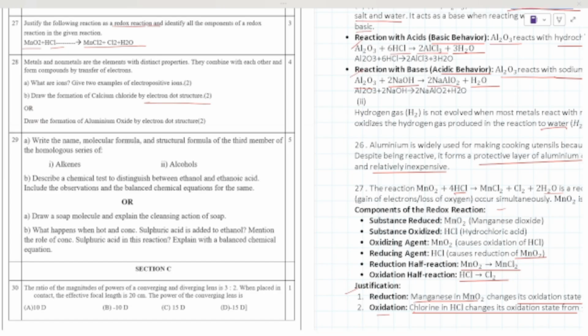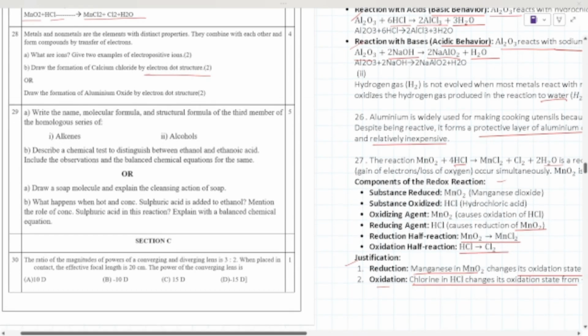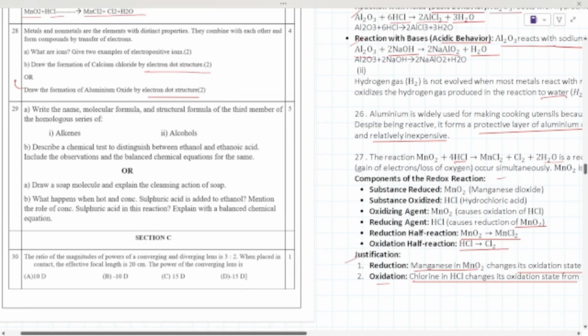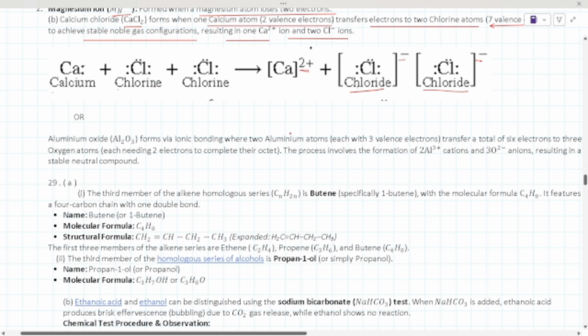Okay. Now let's see here. Draw the formation of aluminum oxide by electron dot structure. Right? Draw aluminum oxide. This is for the B number. You have to do only one, either this one or this one. So let's see here how we will draw it.